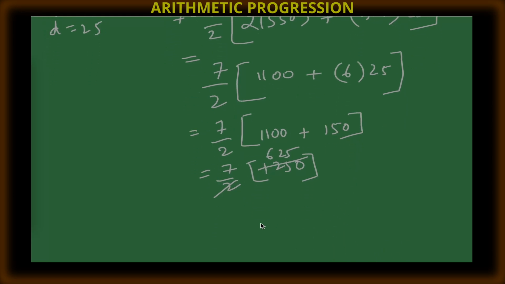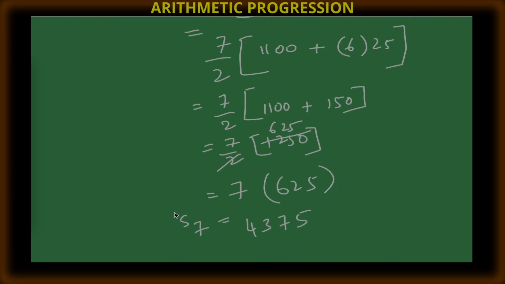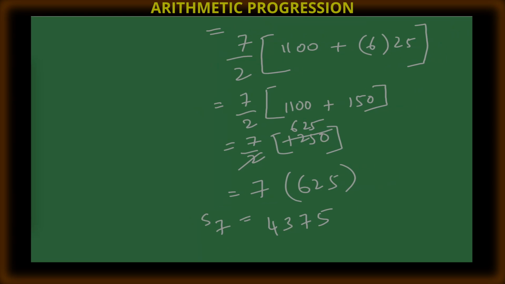Further solving, 7 into 625, S7 becomes 4375.